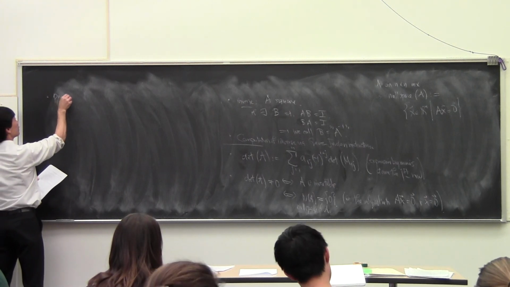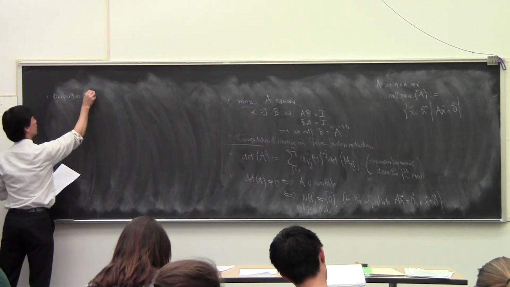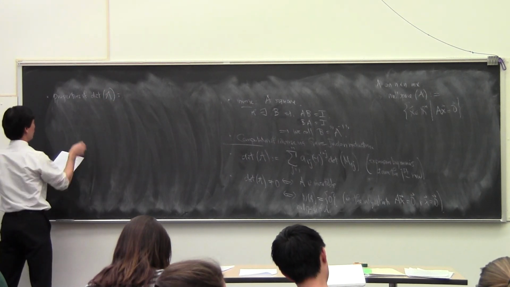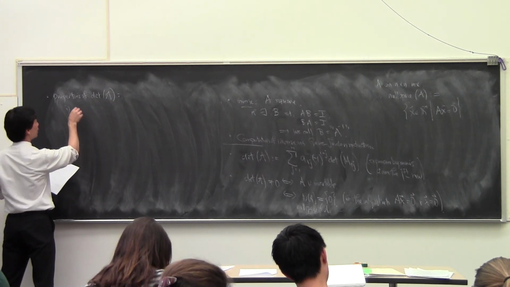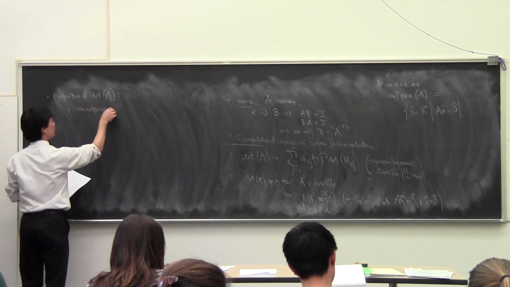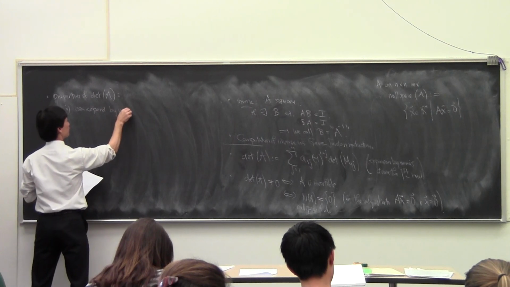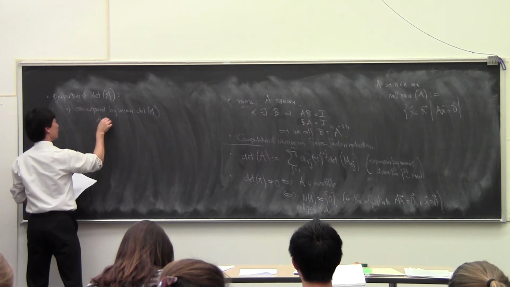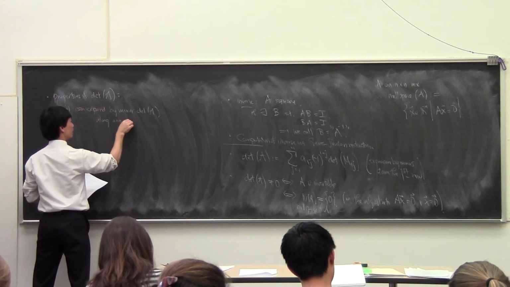Properties of the determinant. First off, you can expand by minors along any row or column.